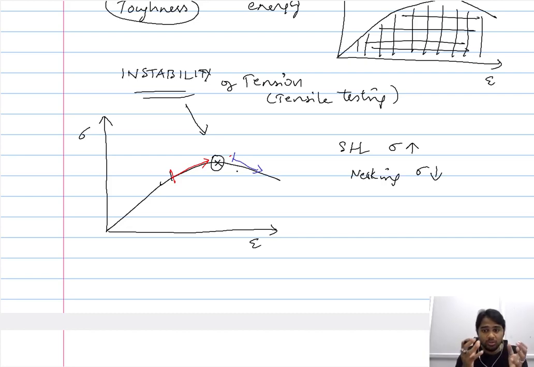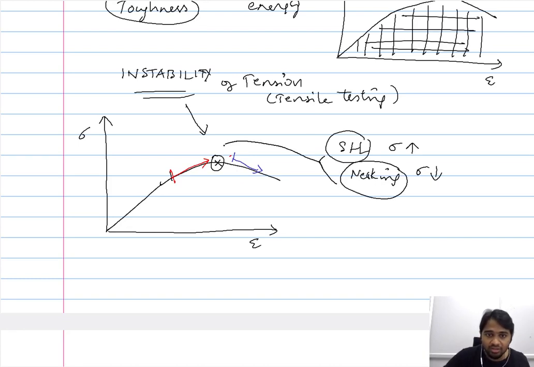So this doesn't mean that once the necking starts, the decrease in the curve begins. It does not mean that, because in the initial stages, there is a balance between the necking and the strain hardening. Even though the necking causes a marginal decrease in the cross-sectional area, because of strain hardening, there is a balance. And this balance is what leads to this point here. This peak doesn't mean that necking has begun in that region.